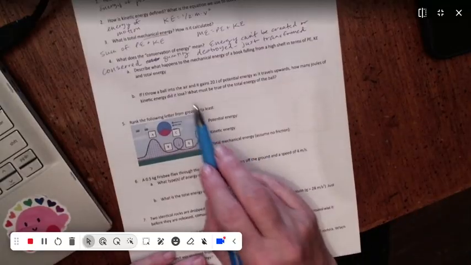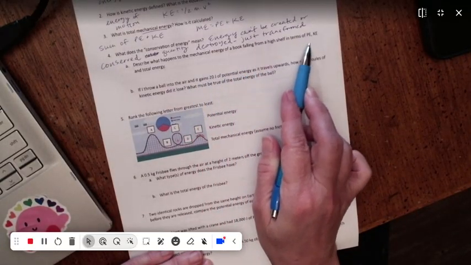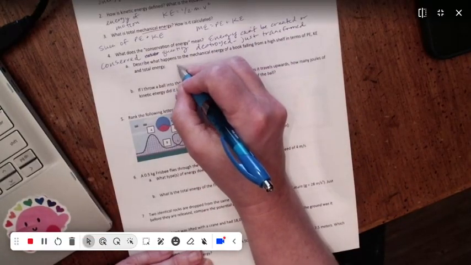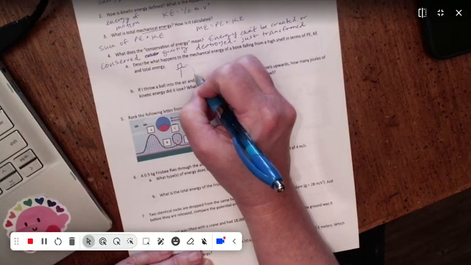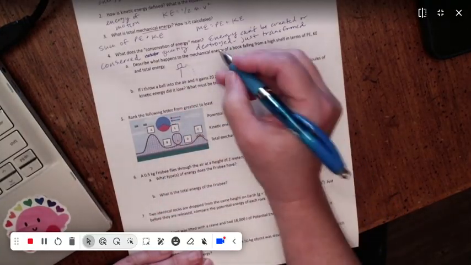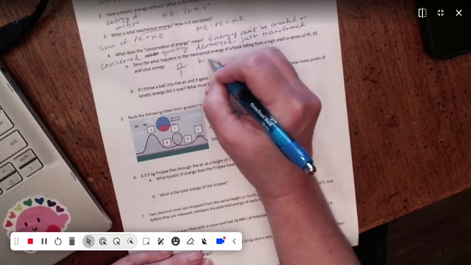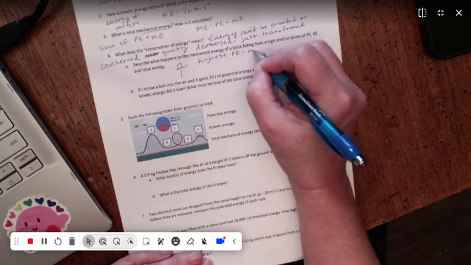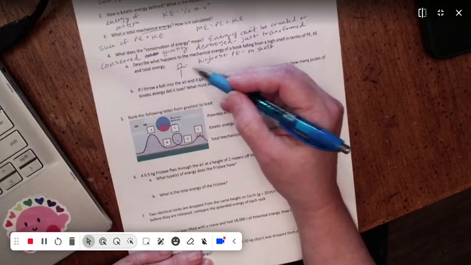So for example, what happens to the mechanical energy of a book falling from a high shelf in terms of PE, KE, and total energy? Let's say we've got our book up here on a shelf and it's going to fall down. The book is going to have its highest PE while it's on the shelf. So it's at a height, it's not moving yet.